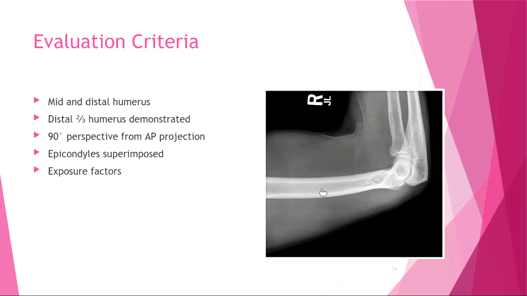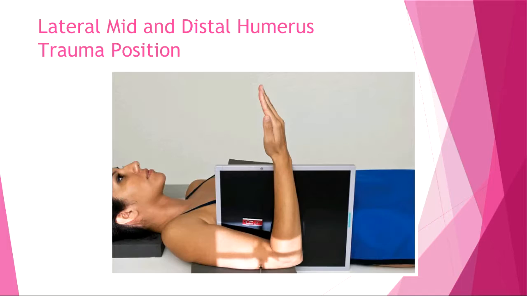The epicondyles are still superimposed, so it is still technically a lateral, and you've also got a 90-degree bend in the elbow. So if the patient is unable to perform the lateral we prefer, or the radiologist prefers, this would be a good position for the mid and distal portion, a cross-table lateral humerus.